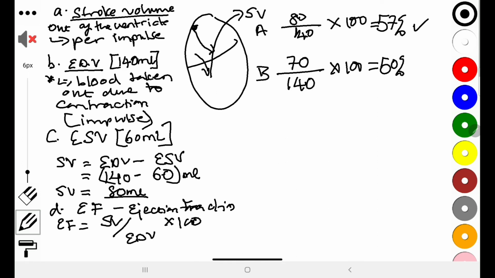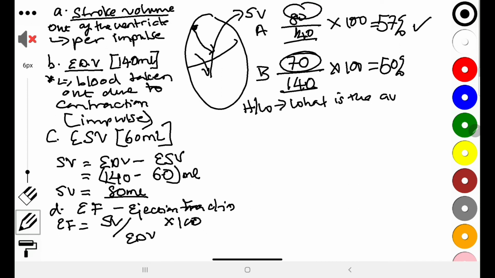Of course you would say heart A, because it is able to remove more blood against the same volume that it had. So it's probably able to contract more. So I gave this as homework earlier. What is the average EF of a normal physiological heart?